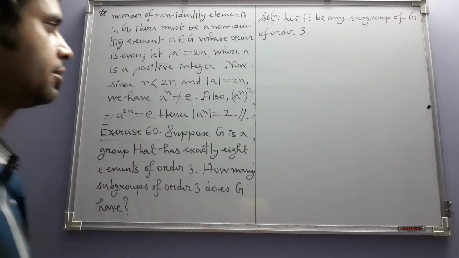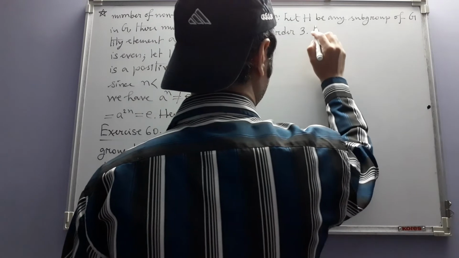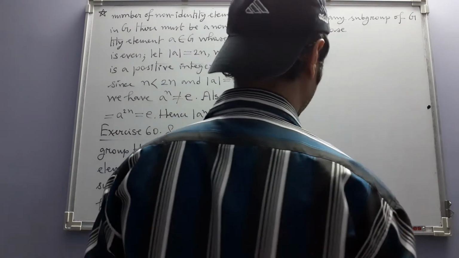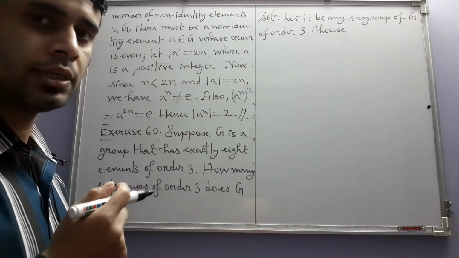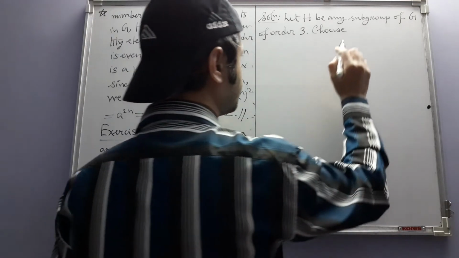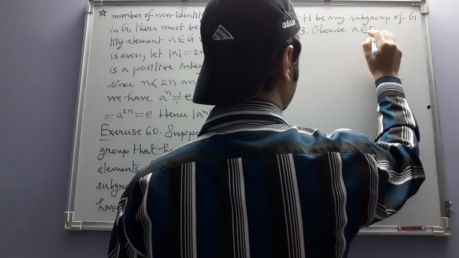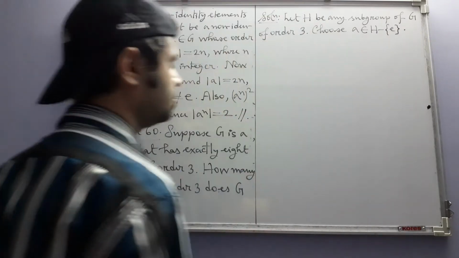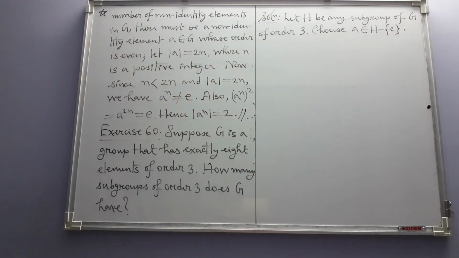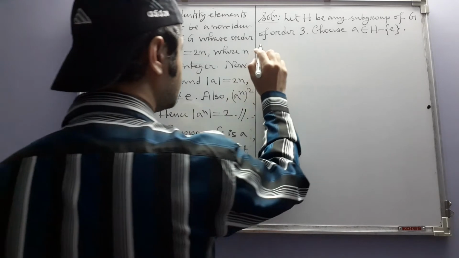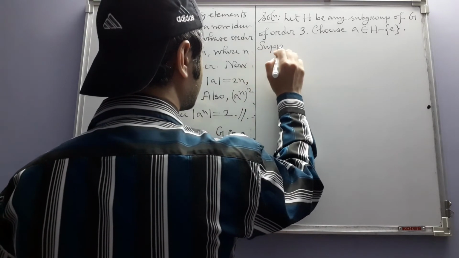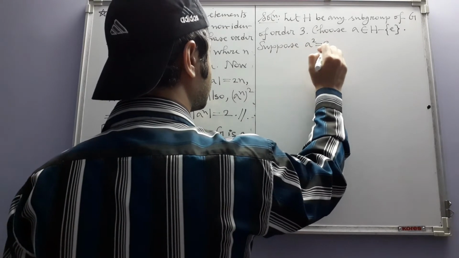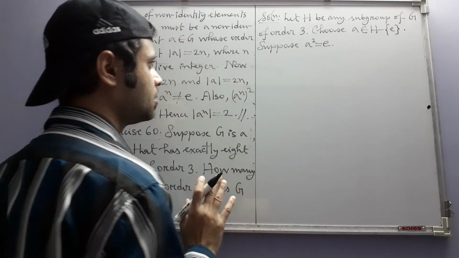It has to be a cyclic subgroup of G. Since H has order 3, we can choose a non-identity element in H. Choose A in H minus E. Okay, so A is a non-identity element. Suppose A square is identity. Suppose this is the case.